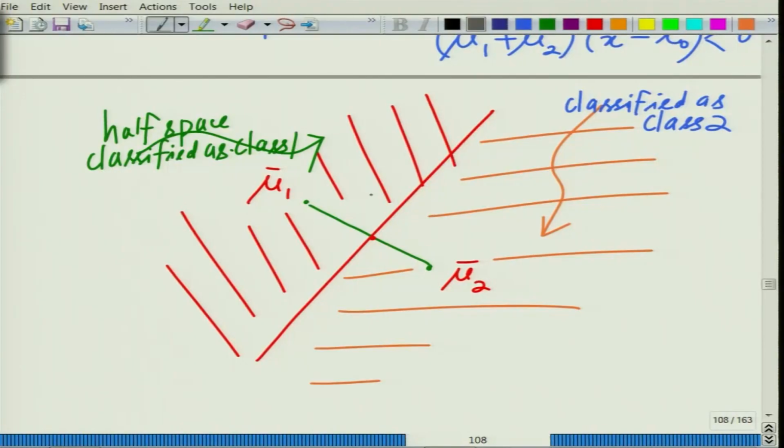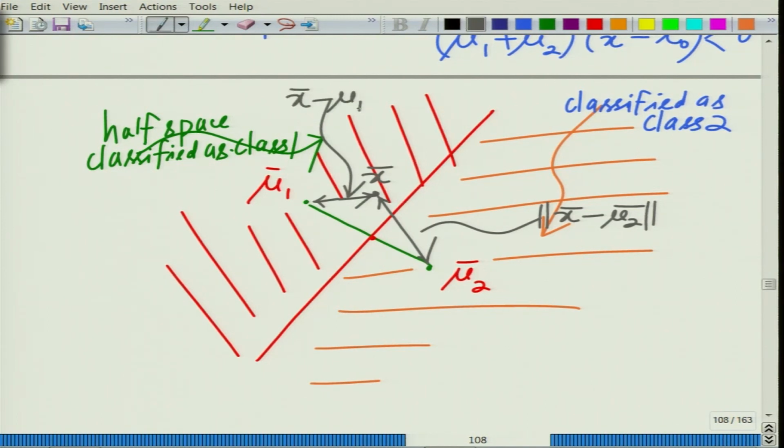That is, if you have any point x bar, you look at the distance between x bar and each of the means, right. So, this is norm of x bar minus mu2 bar, and this is norm of x bar minus mu1 bar.